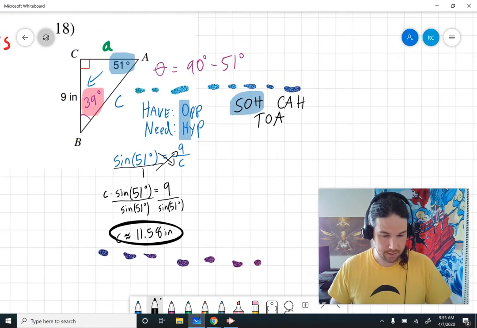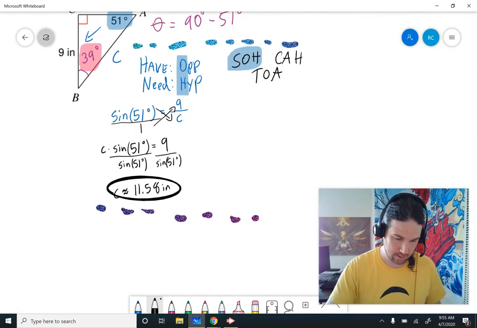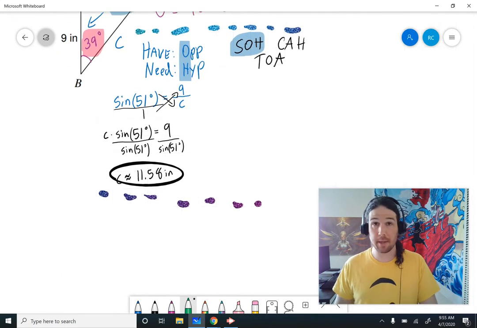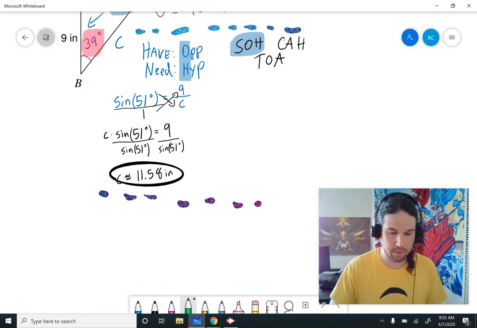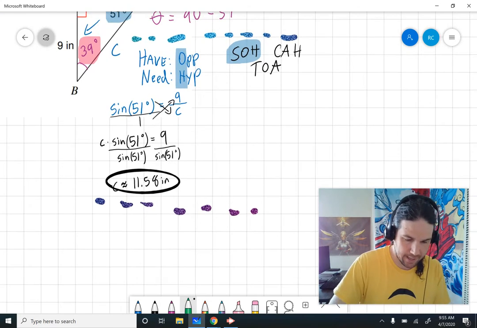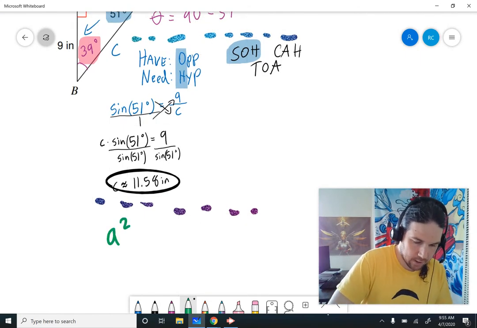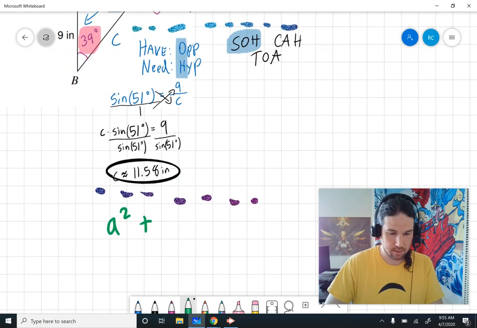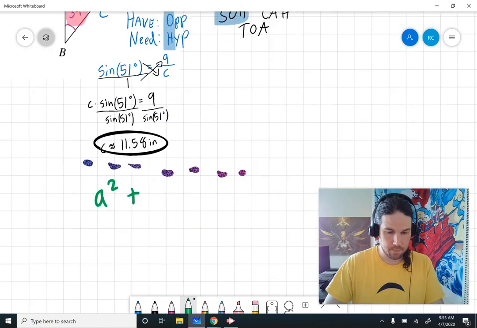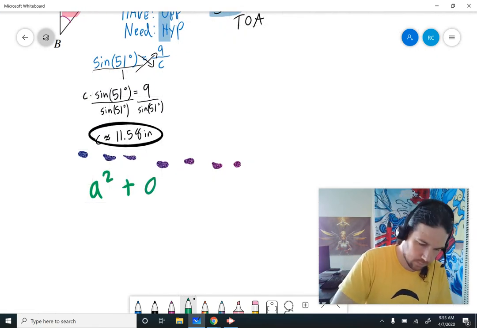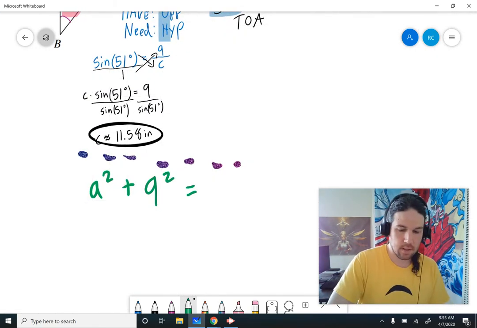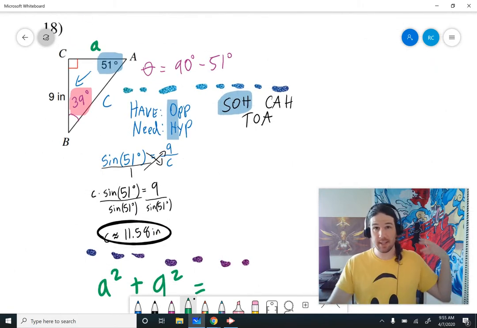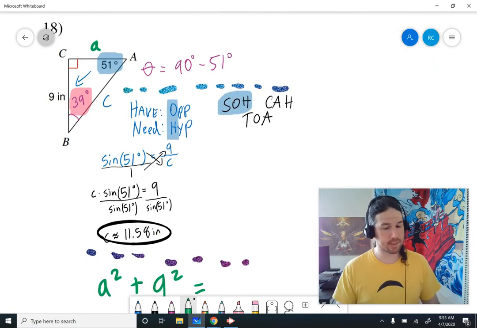All right, now we're solving for A. We've got two sides of a right triangle, so I'm going to go ahead and use the Pythagorean theorem, and I'm going to say that A squared plus B, which is 9 squared. That's kind of confusing because this diagram uses A, B, and C in a slightly different way, as angles instead.